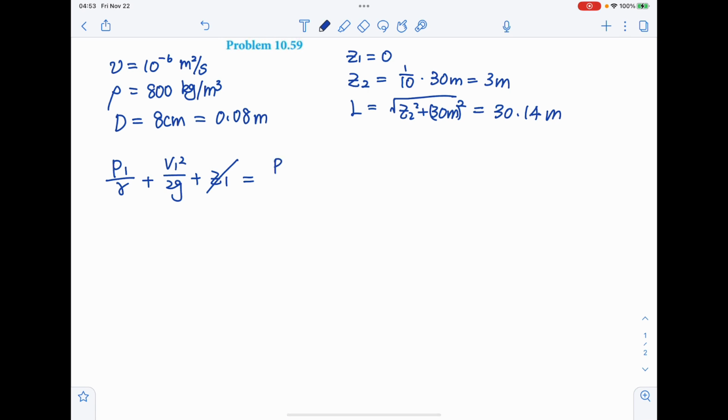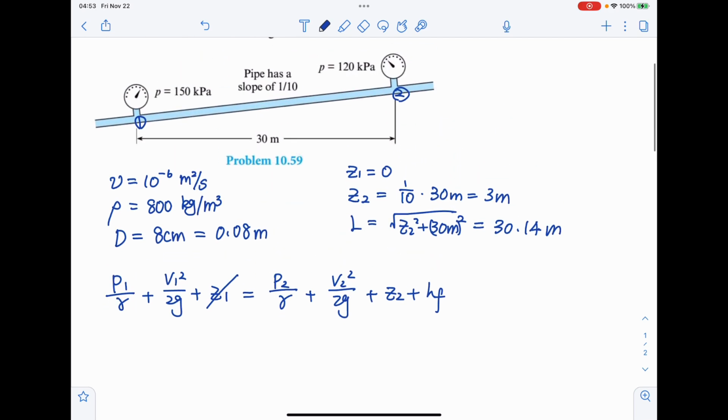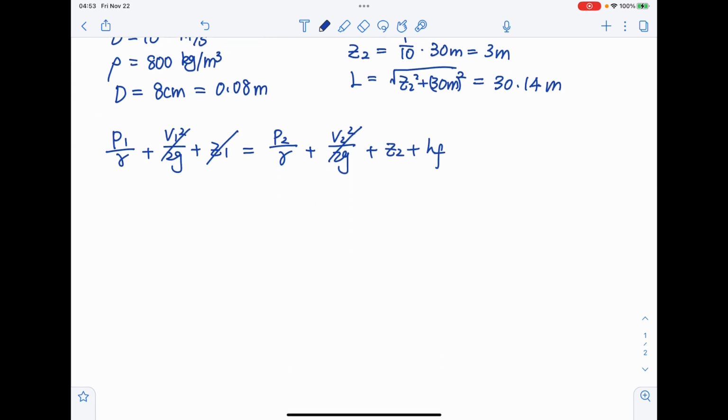And P2 is not 0, so it's P2 over gamma plus V2 squared over 2g plus Z2 plus the head losses. Notice the velocity should be the same at points 1 and 2, so they can cancel out. So the only terms we have are P1 over gamma equals P2 over gamma plus Z2 plus the head loss.